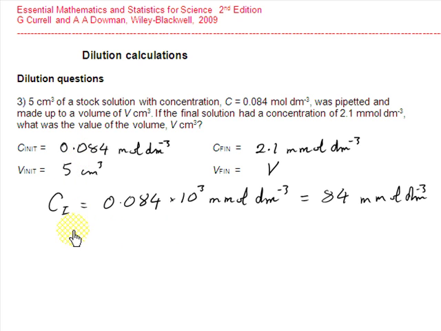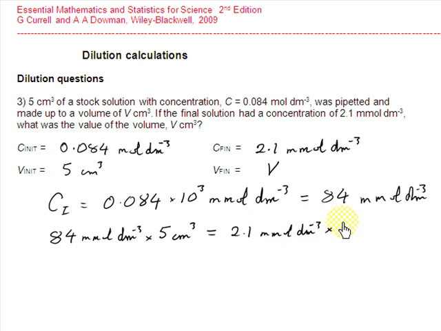So it's the initial concentration, which will now be 84 millimoles per decimeter cubed, multiplied by the volume 5 centimeters cubed, will equal the final concentration, 2.1 millimoles per decimeter cubed, multiplied by the final volume, V. Now we made sure that the concentration units were the same on both sides, millimole per decimeter cubed, so we can cancel those on both sides.